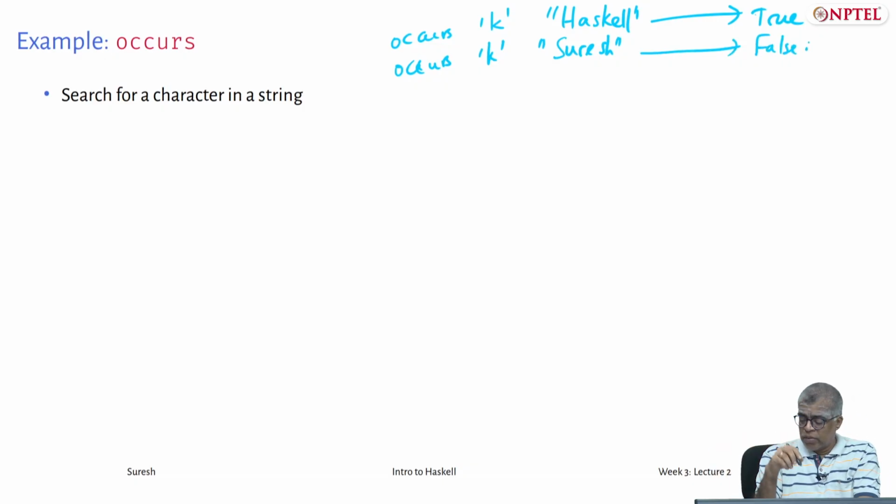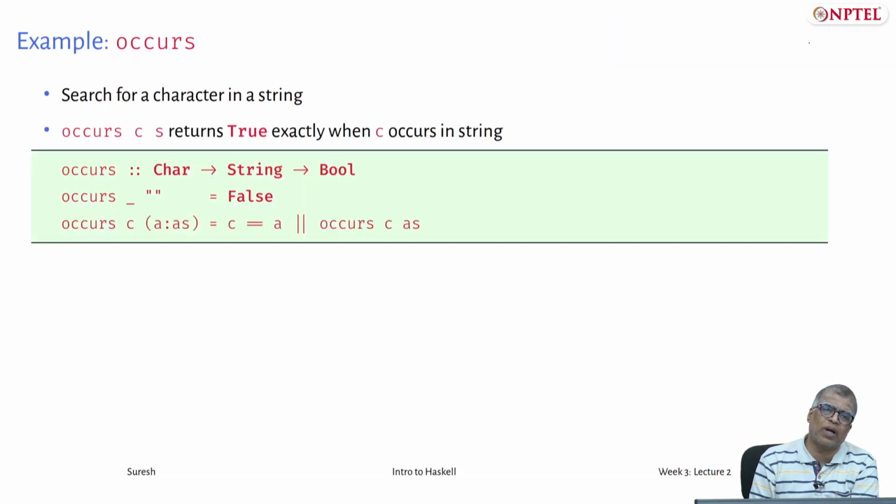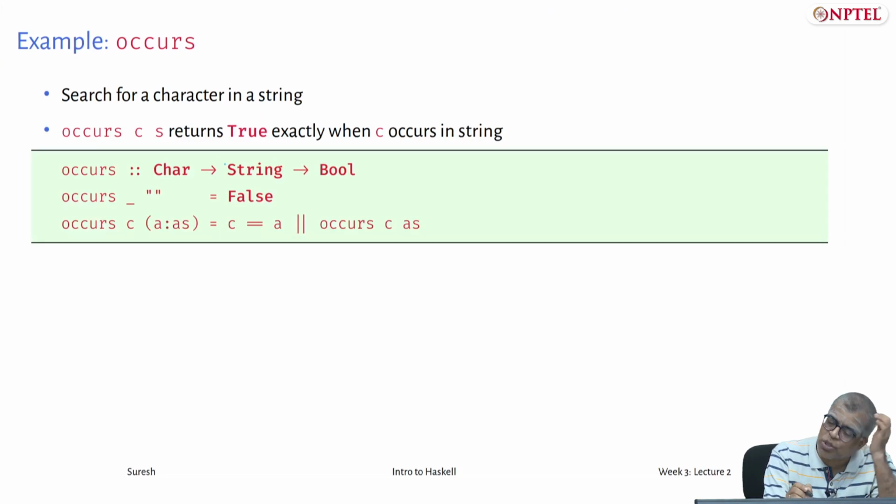How would we do this? We will just do recursion on lists. Strings are just lists, right? So we could just do that. occurs c s returns True exactly when c occurs in the string s. No matter what the character you are searching for is, c here is a variable standing for a character, s is a variable standing for a string. So its type is Char to String to Bool.